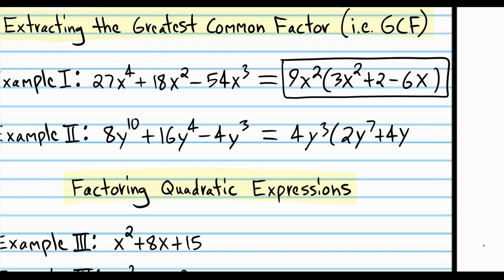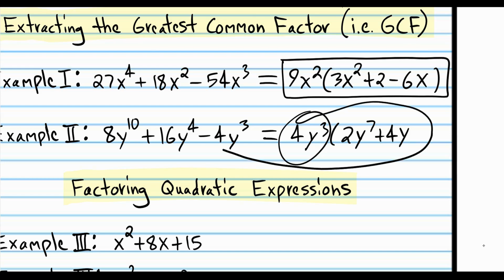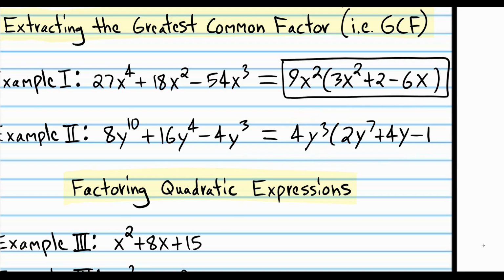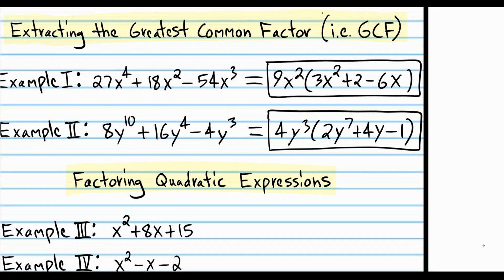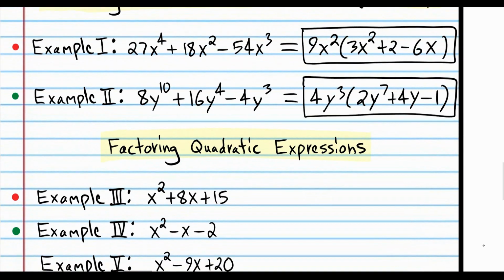And 4y cubed times what is equal to negative 4y cubed? And the answer is negative 1. So it's always good to go back and check to make sure we did each step correctly. So everything looks right. If you got that right, good job.